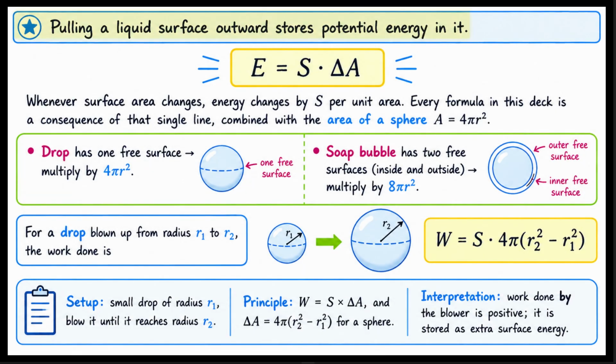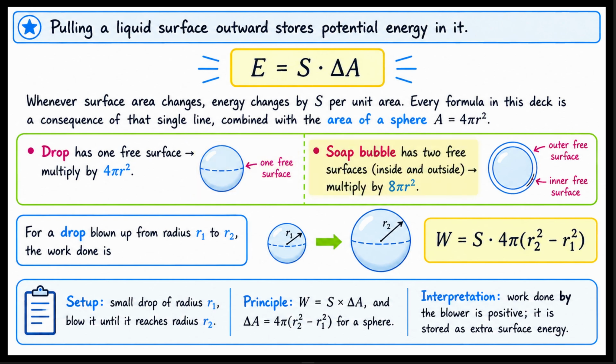Pulling a liquid surface outward stores potential energy, represented by the formula E equals S times delta A. Whenever surface area changes, the energy changes by S per unit area. Because we are dealing with spheres, we use the area of a sphere, 4 pi r squared, but we must count the free surfaces. A drop has only one free surface, so we multiply by 4 pi r squared.